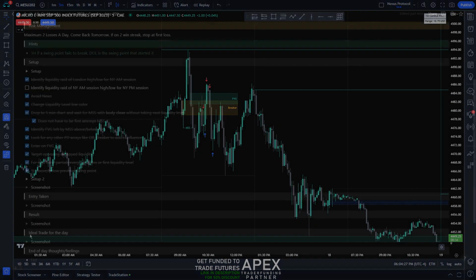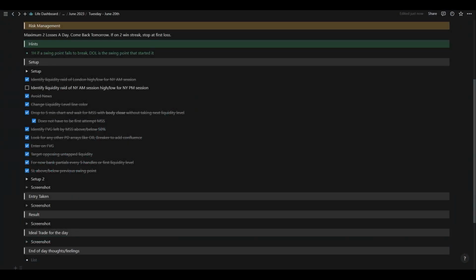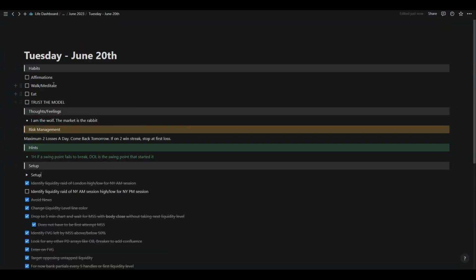But let me bounce back again to this. You see here at the top, every day I have to tell myself, trust the model, trust the model. So in this case, I was like, screw this. I am not necessarily going YOLO, but screw my thoughts. I need to just trust the model, throw the doubts out.